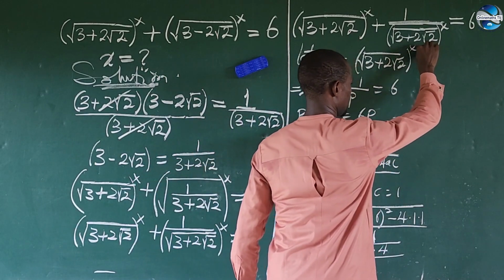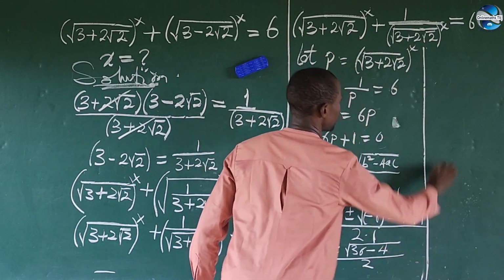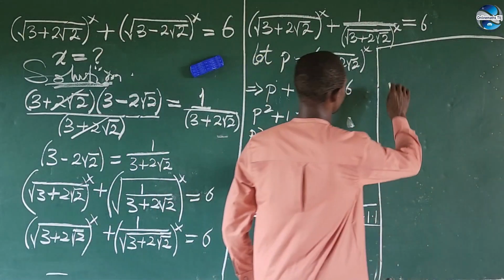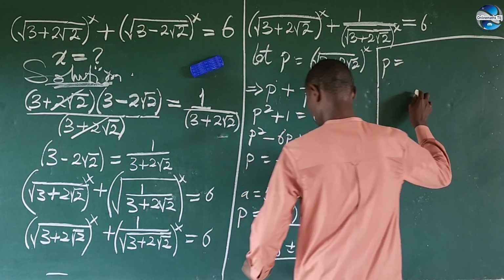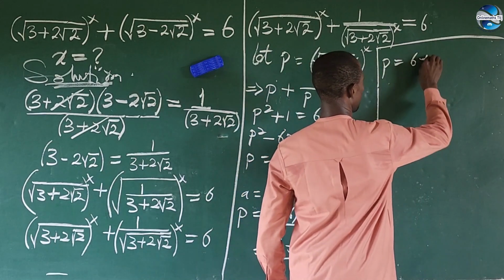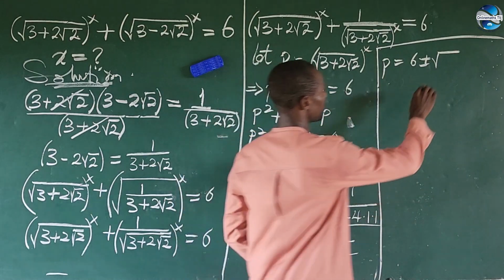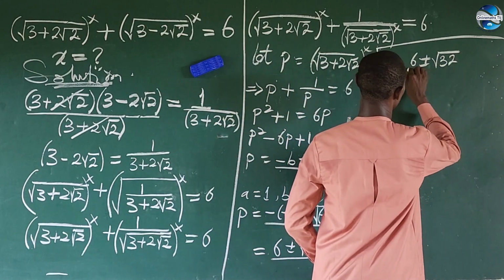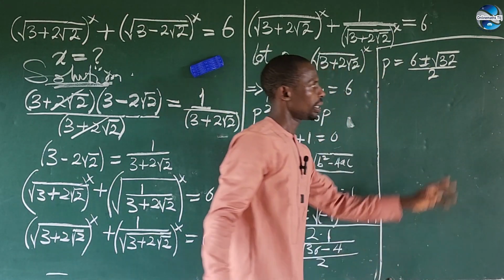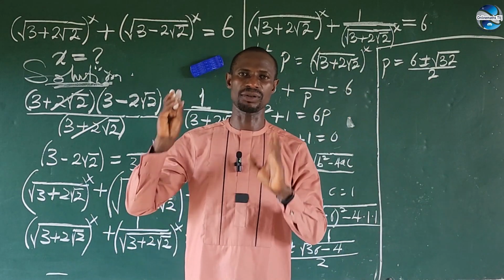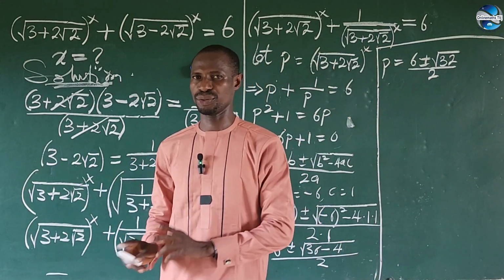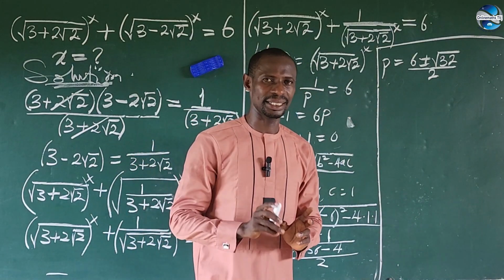So let's continue on this side, see what this gives us. Okay, so we're going to have P is equal to 6 plus or minus the square root of 32, all over 2. Now 32 can be expressed as 16 times 2, and the square root of 16 is 4.